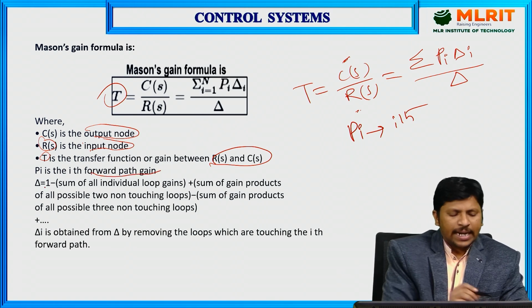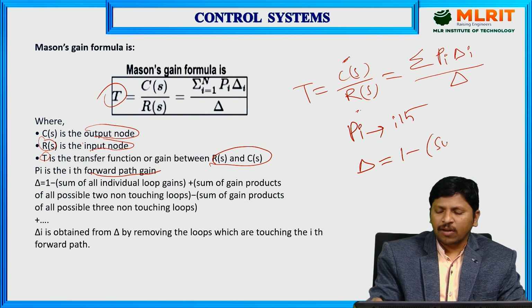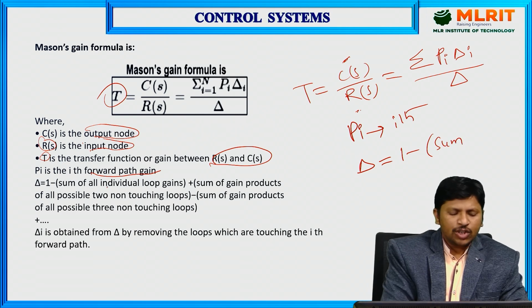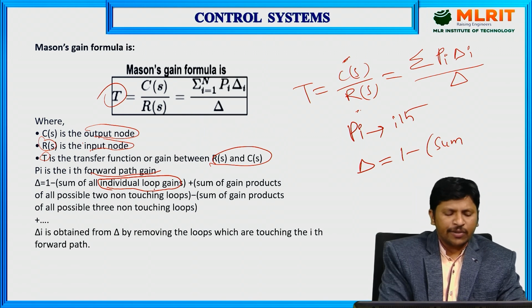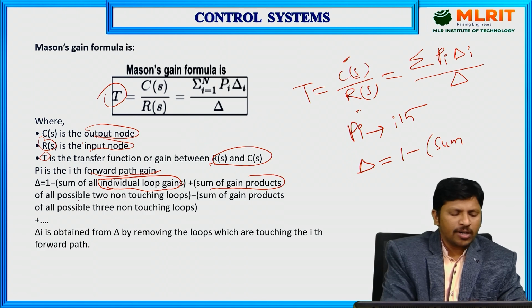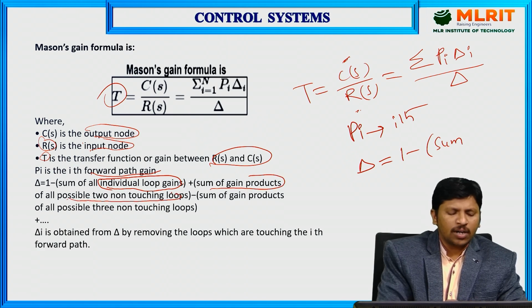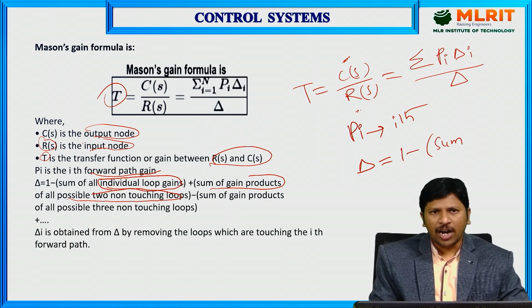Also delta, the denominator here, equals 1 minus the sum of individual loop gains, plus the sum of the gain products of all possible two non-touching loops. We know what touching loops, non-touching loops and individual loops mean; we learned the basic definitions in the previous class.